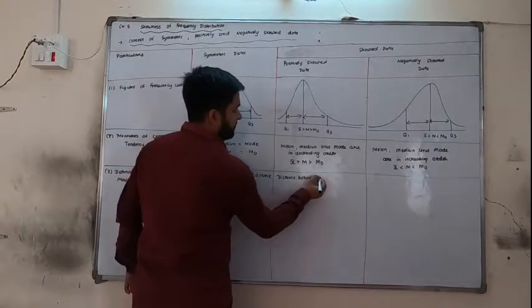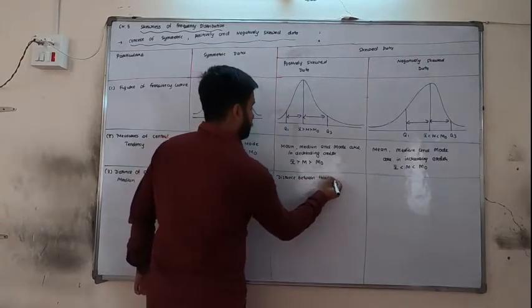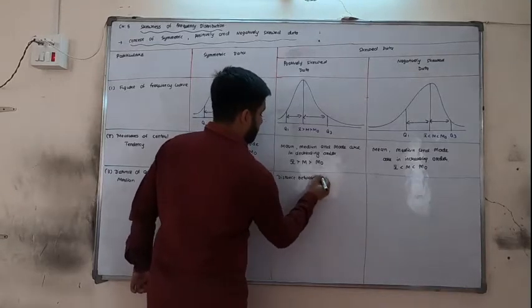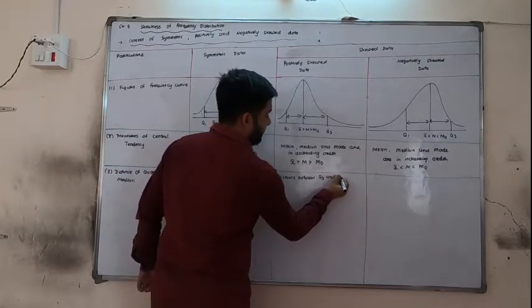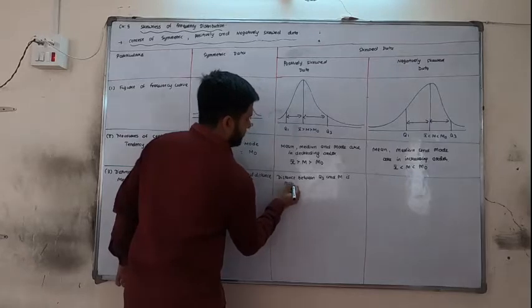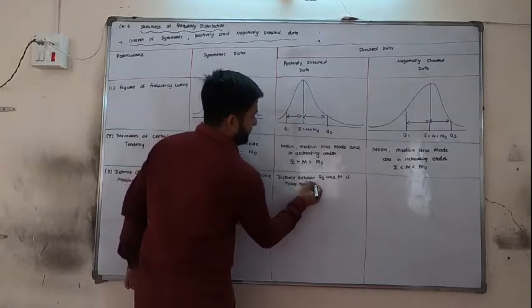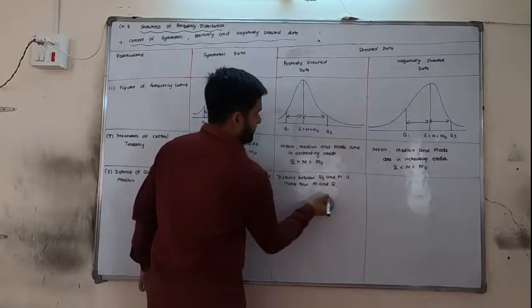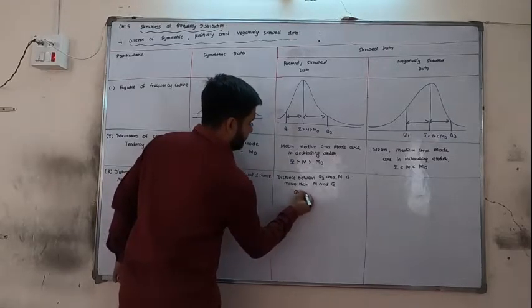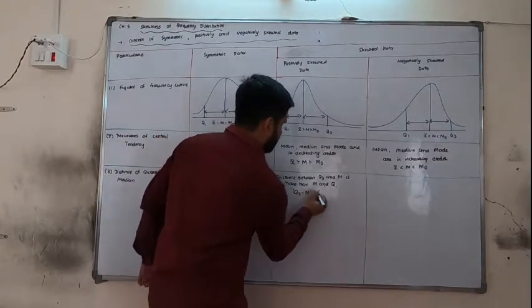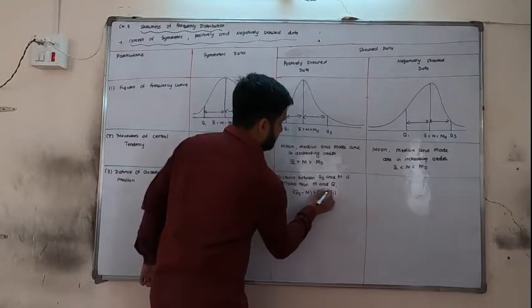Distance between Q3 and M is more than M and Q1. Q3 minus M greater than M minus Q1.